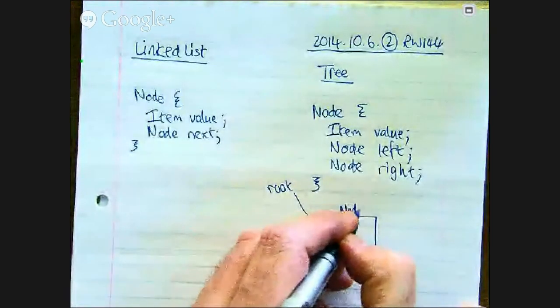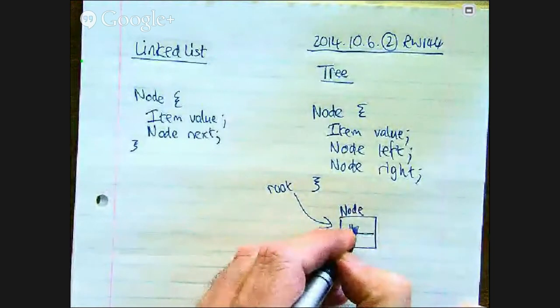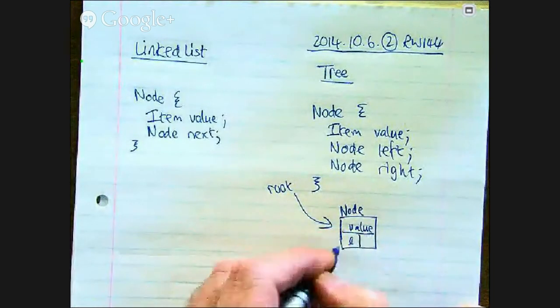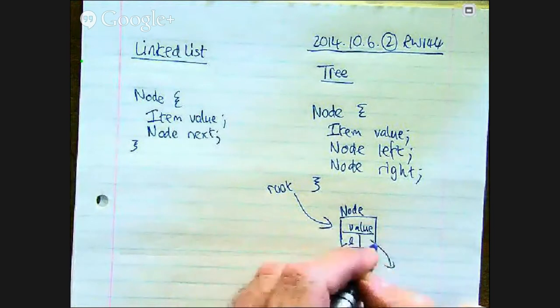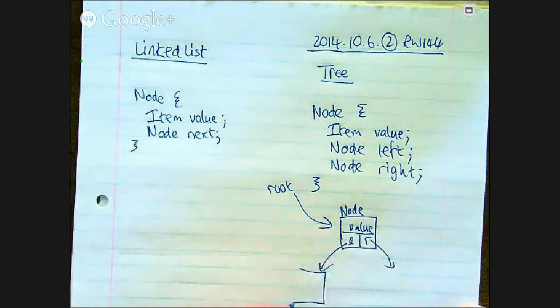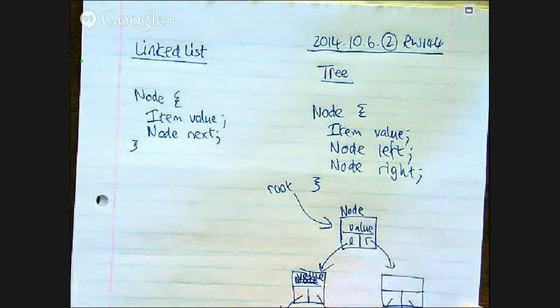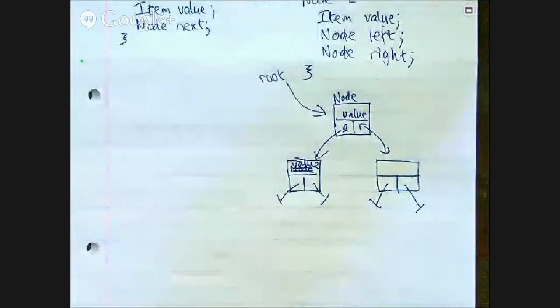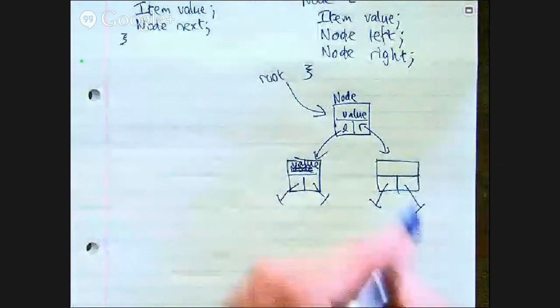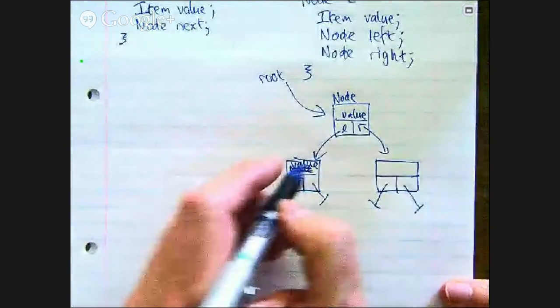And this will be a node. And it'll store some value. And then there's a left child and a right child. So there's a little tree that stores 3 values. One in this root node, one in its left child, and one in its right child.